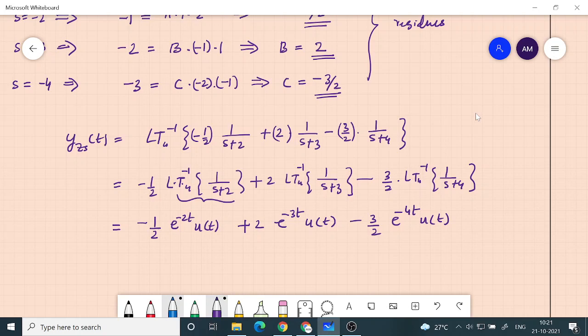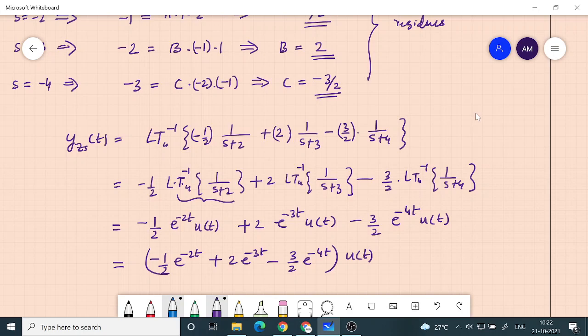Okay, so that is what we will get. If you want, we can combine this. So all the u of t you can take outside, and you can write it as u of t times the entire thing: minus half e raised to minus 2t plus 2 e raised to minus 3t minus 3 by 2 e raised to minus 4t.